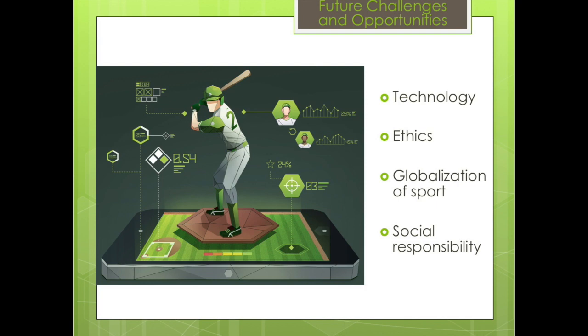And then last is social responsibility. This ties right in again to that concept of ethics and the exciting development within sports. A great example, if we look at several athletes recently using their platform to speak up about social issues.